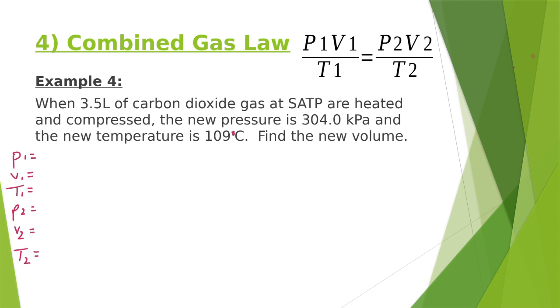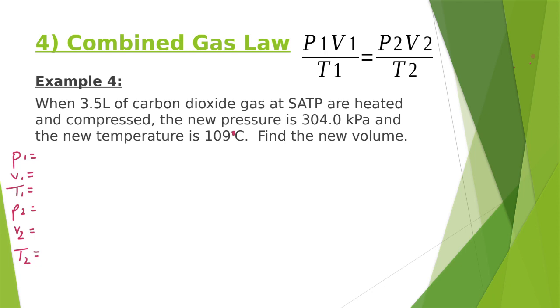If you eliminated the pressure variables, what's left is V1 over T1 equals V2 over T2, that's Charles' law. So in essence, you really only need to learn this one formula, because then you can just eliminate the variables that you don't need. Or maybe, like in this case, you need all of the variables. And if so, you got to be very careful as you rearrange this and solve for whatever we ask.